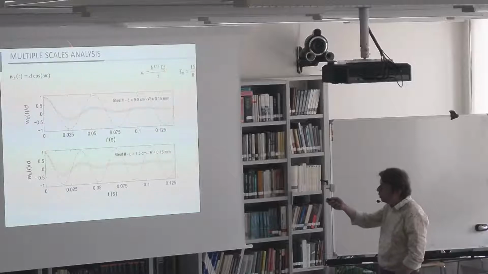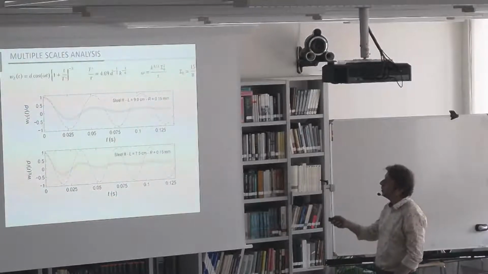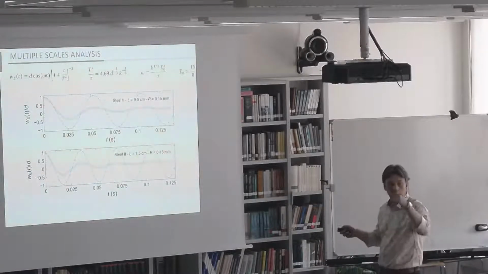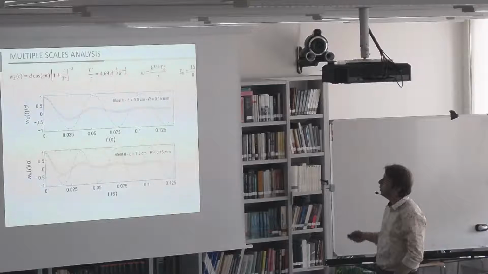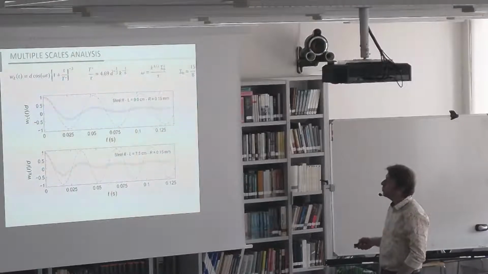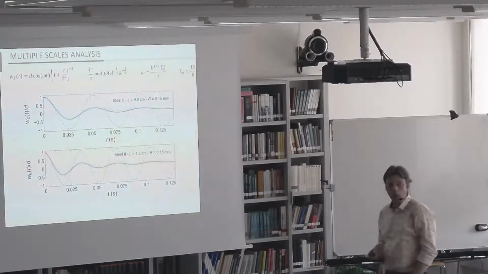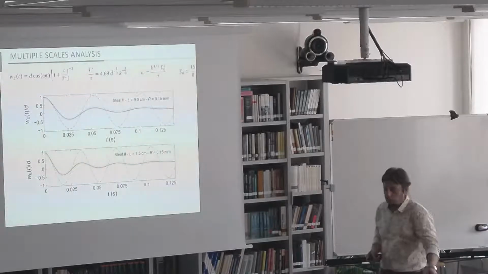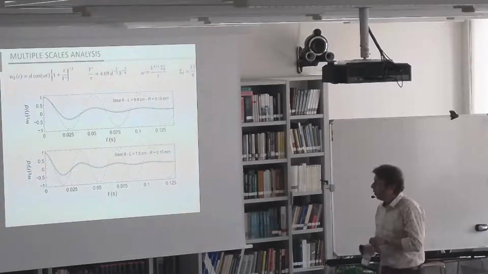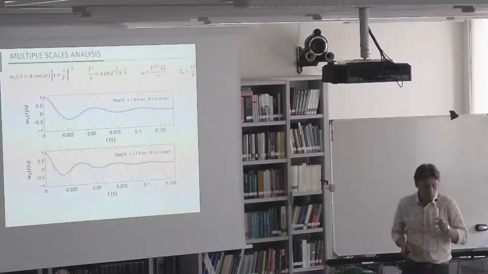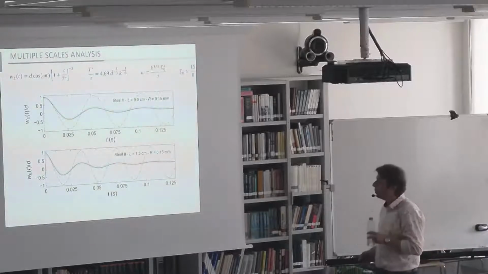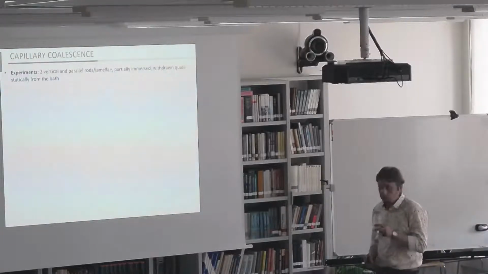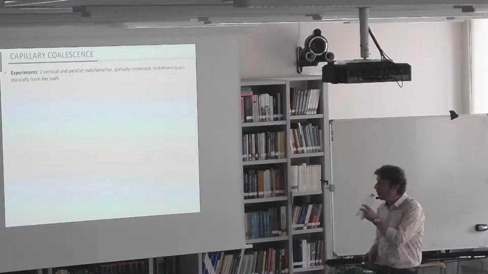And now if you do a multiple scale analysis, you can get this correction, where at the same time you get the characteristic relaxation time here. And now if you compare with the data, you get a rather nice description of the motion. Okay, so that's what I wanted to tell you about this problem of oscillation. And now I will talk about capillary coalescence.